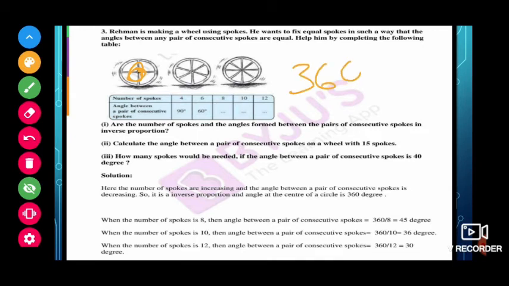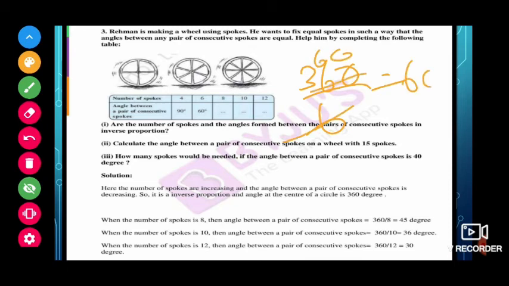So 360 by 4 is equal to 90 degrees for each angle. They have given that. In the second case, if he uses 6 spokes, then the angle between the spokes will be 360 by 6, which is 60 degrees. Now if it is 8 spokes, how will it be?